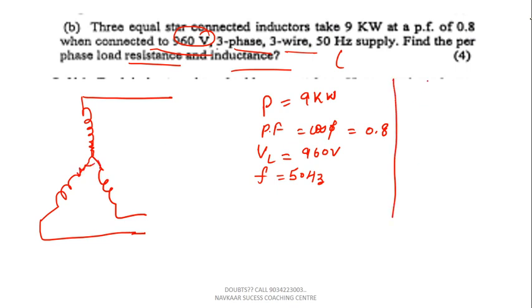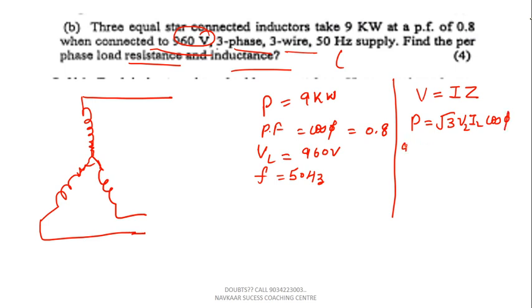First of all, we need to calculate current. As you know, one formula is V is equal to I Z, and another formula of current is power is equal to √3 VL IL cos phi, right?